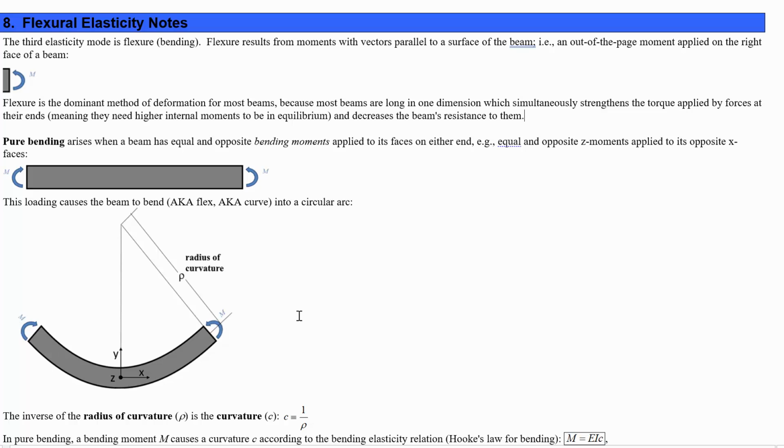Other things equal, pure bending will tend to bend a straight beam into an arc of a circle where the circle has a radius rho, and the bigger the radius, the less bending has happened, right? A straight beam can be thought of as bent into the arc of a circle that has infinite radius, so the smaller the radius, the tighter the circle, and the more bending that's happened.